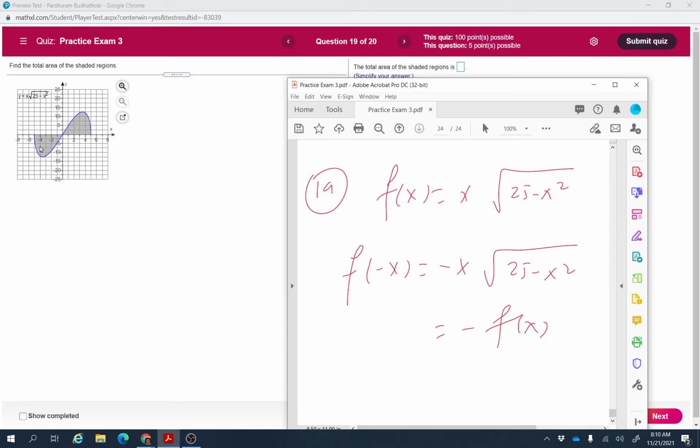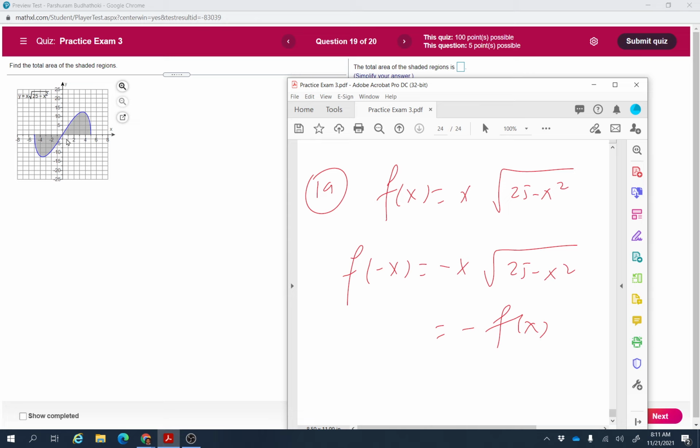We don't want negative for the area. You understand what I'm saying? Because this is an odd function, the integration on this side would be the opposite of the integration on that side, but value-wise they would be the same. Direction-wise they would be opposite, but we don't need the direction for the area. Both have to be positive.